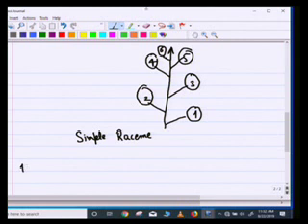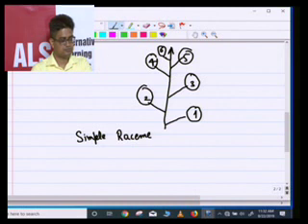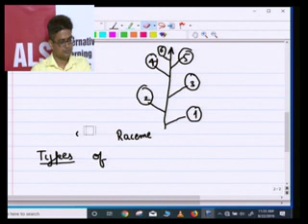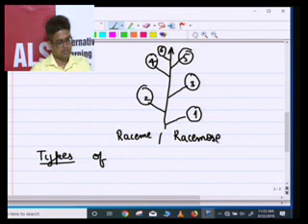Please put the heading: types of racemose inflorescence.